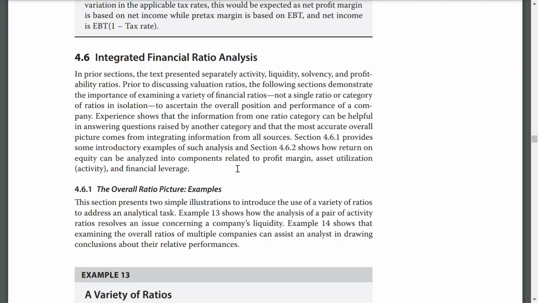To ascertain the overall position and performance of a company, experience shows that the information from one ratio category can be helpful in answering questions raised by another category, and that the most accurate overall picture comes from integrating information from all sources. Section 4.6.1 provides some introductory examples of such analysis, and Section 4.6.2 shows how return on equity can be analyzed into components related to profit margins, asset utilization or activity, and financial leverage. The overall ratio picture examples.